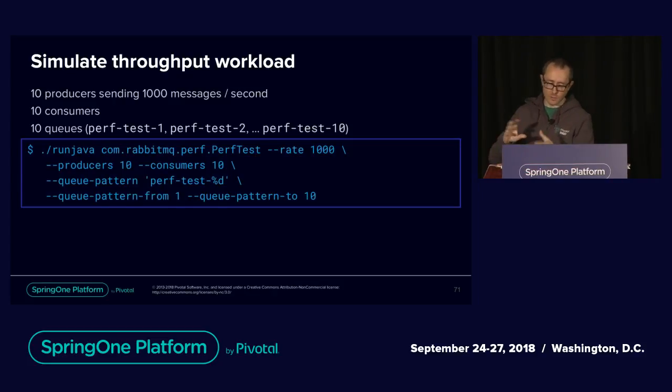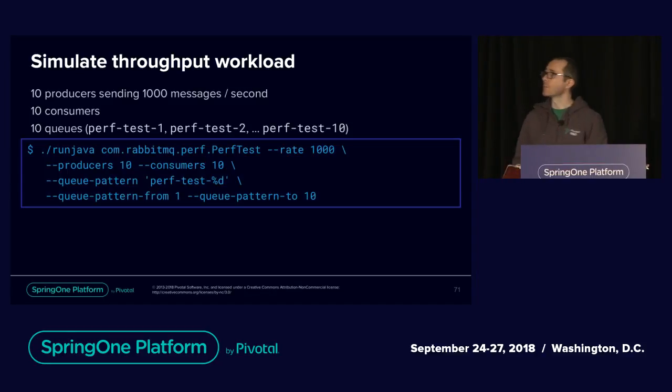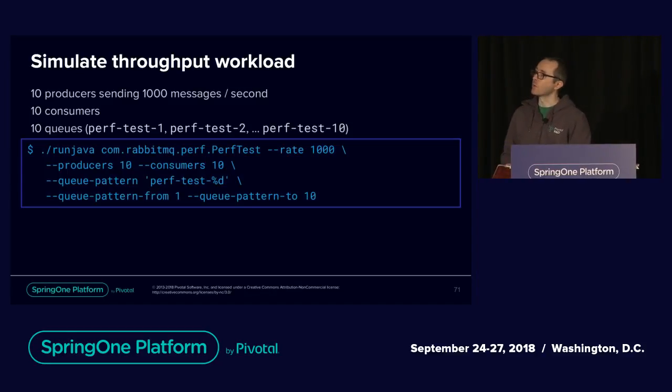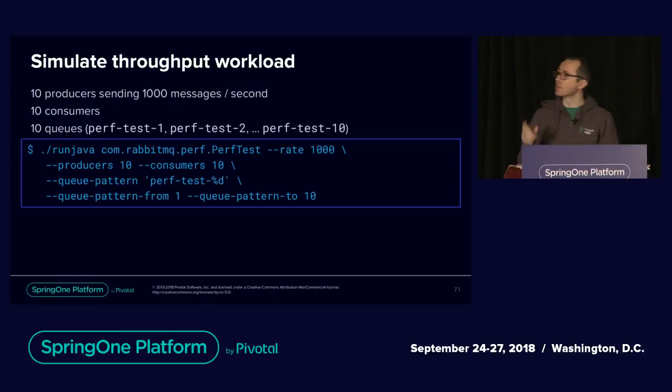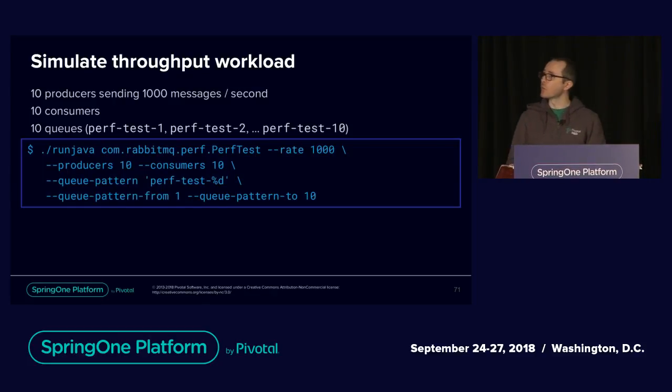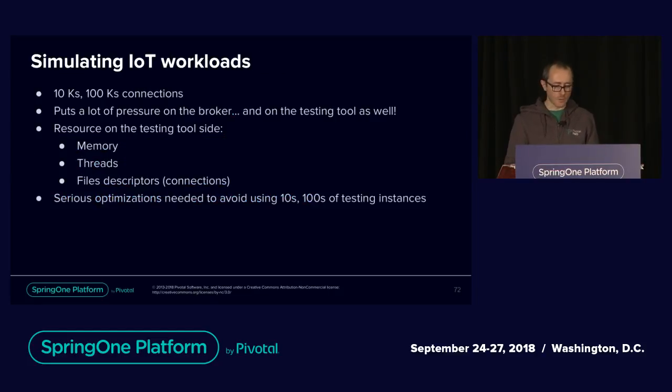We have these 3 options for queue naming. First the pattern, and then the numbers from 1 to 10. The number of the queue can be used inside the pattern. So this is one of the simplest tests that we can run.